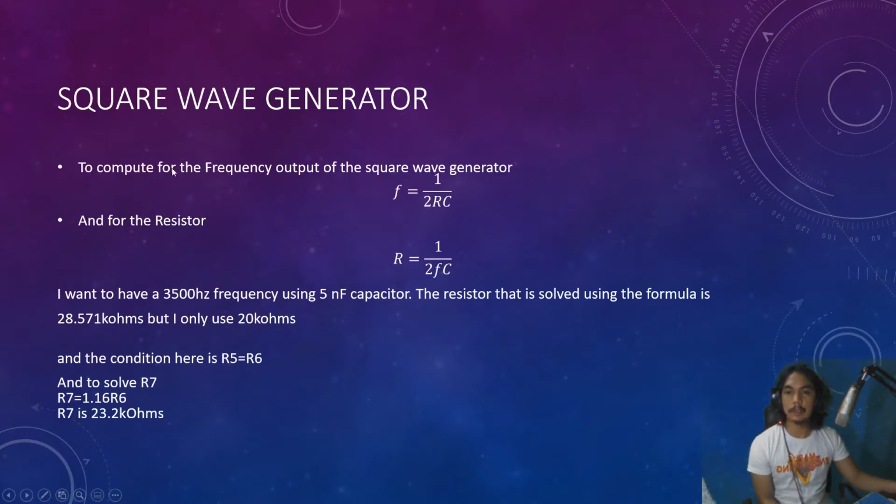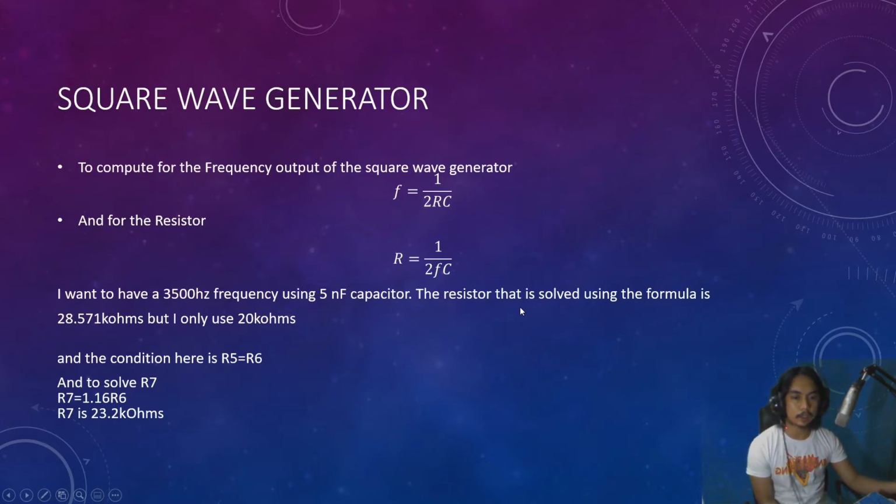To compute the frequency output of the square wave generator, frequency equals 1 over 2 RC, and for the resistor, R equals 1 over 2 FC. I wanted a 3500 Hz frequency using a 5 nanofarad capacitor.